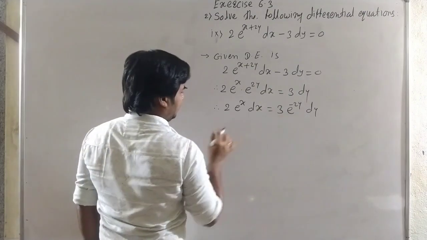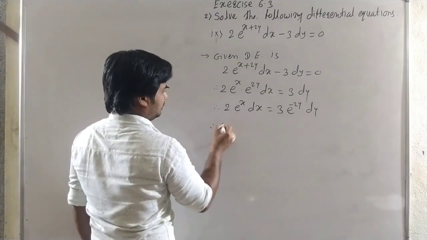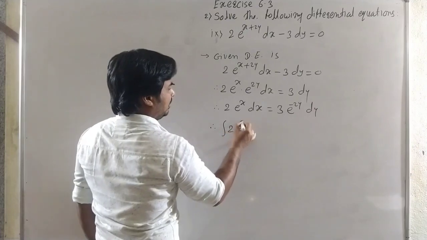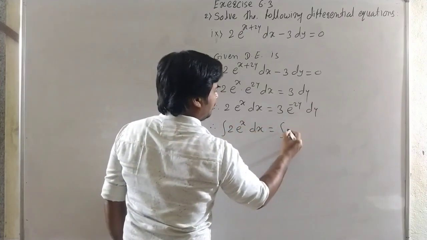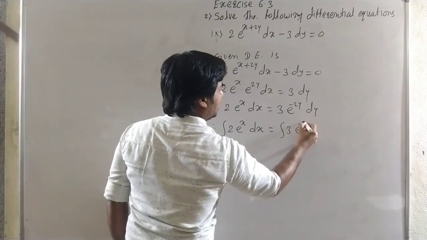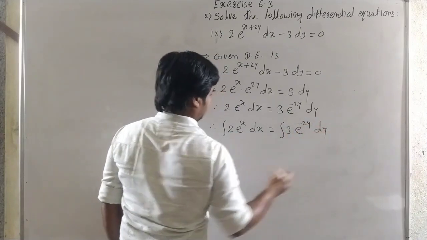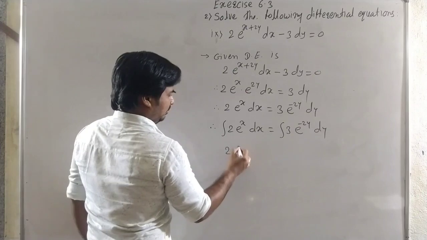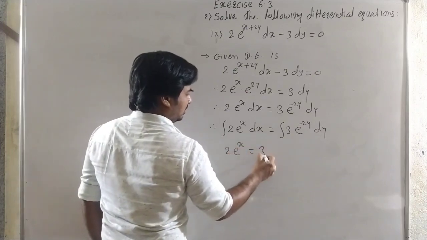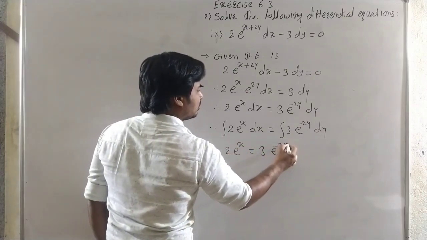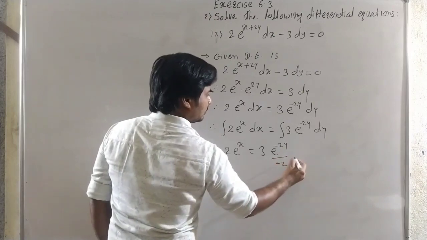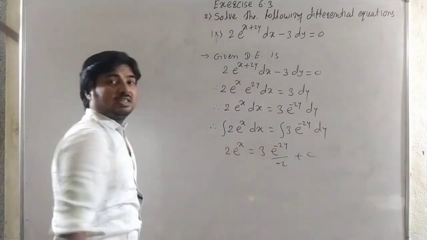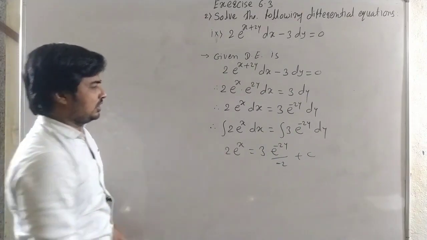Now these are the separate variables, taking integral on both sides. 2 e raised to x dx is equal to the integral of 3 e raised to minus 2y dy. 2 into e raised to x is equal to 3 into e raised to minus 2y upon minus 2 plus c. Here the integral is the general solution of this differential equation.